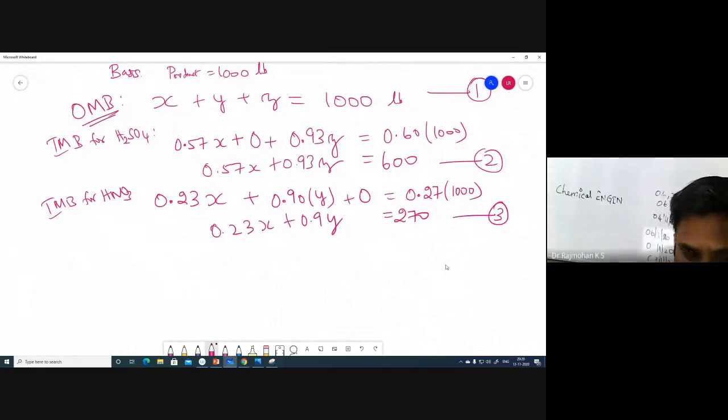So we have three simultaneous equations. Solve these equations simultaneously, you will get these values.